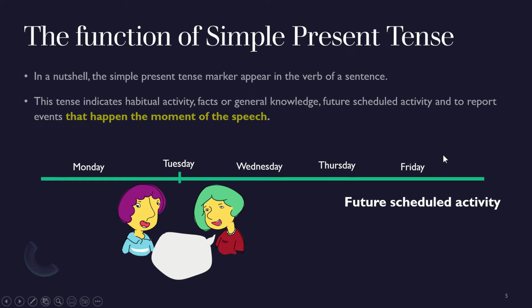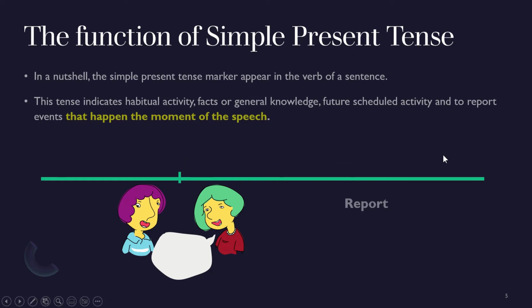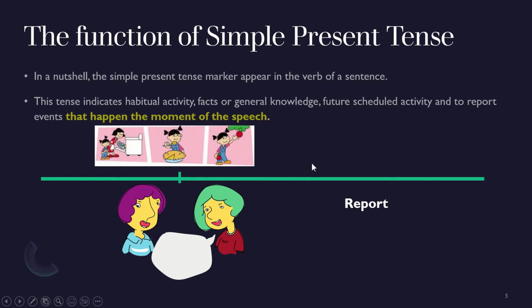Now about report. Here, a report is seen like this. For example, there are several activities done by this group, this woman with her kid. "Oh look, Diana's pie is done."